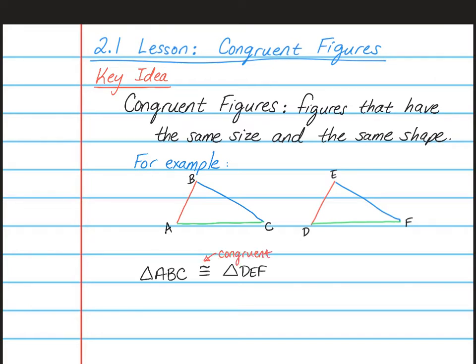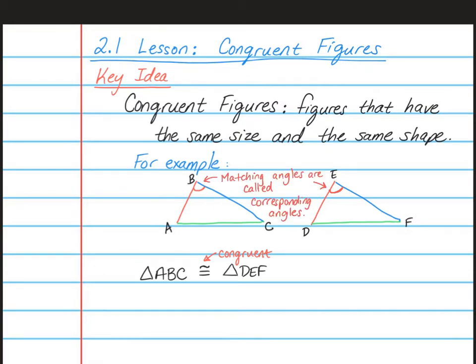If you ever see that symbol, it means that those two figures have the exact same shape and the exact same size. A couple of things to know about these triangles. Like I said, they have the same shape and size. If you looked at this angle B and this angle E here, those are matching angles, and so they are called corresponding angles.